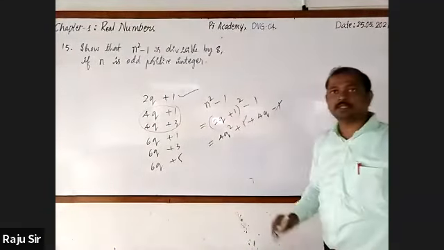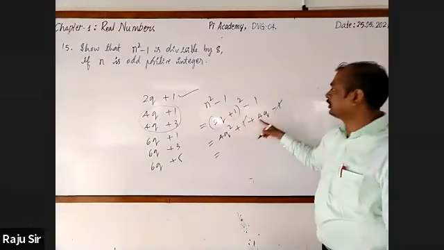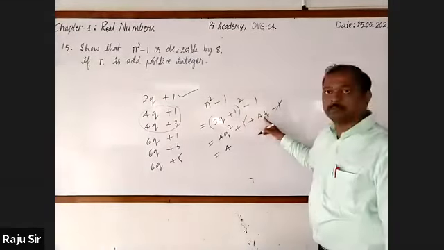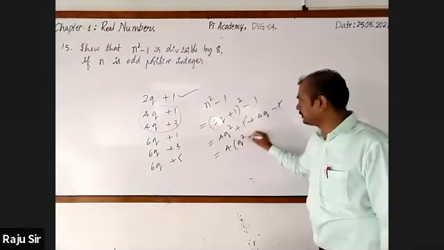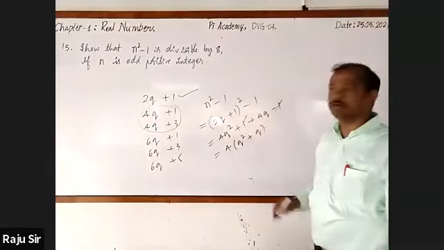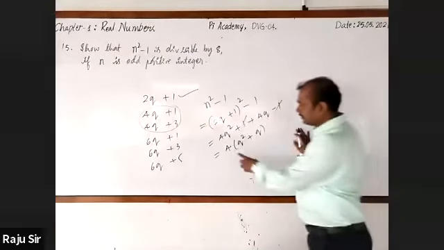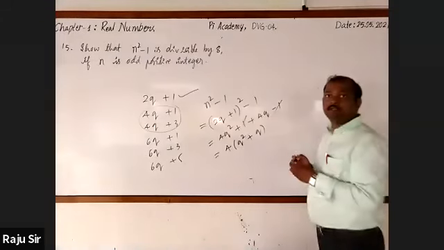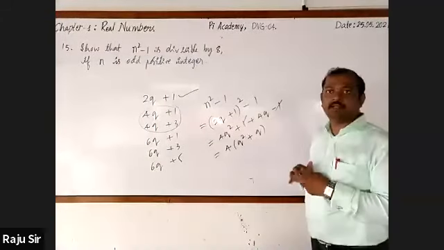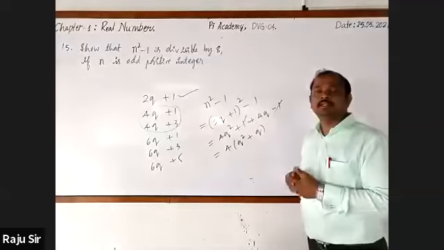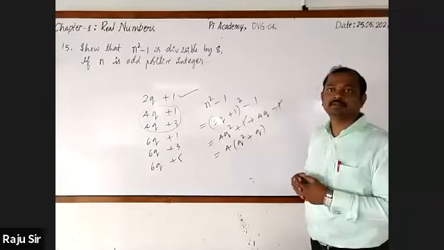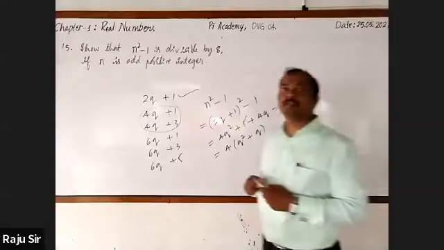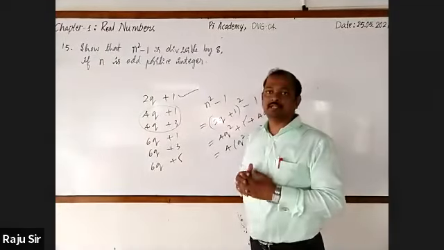Minus 1, plus 1 get cancelled. 4q square plus 4q. 4 is taken as common factor, 4(q square plus q). This number is a multiple of 4. It is divisible by 4. But can we say that it is divisible by 8? No, sir. Hence, let's go for taking 4q plus 1 and 4q plus 3.